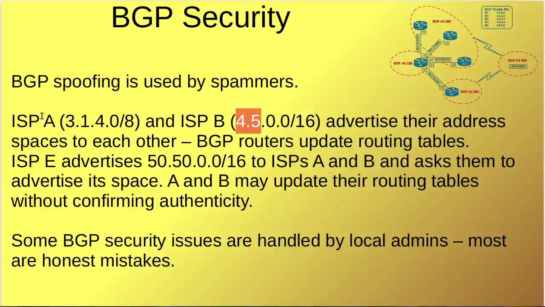Let's say ISP A and ISP B advertise their address spaces to each other, and the BGP routers update their routing tables to make sure their routers know about packets going to these two.